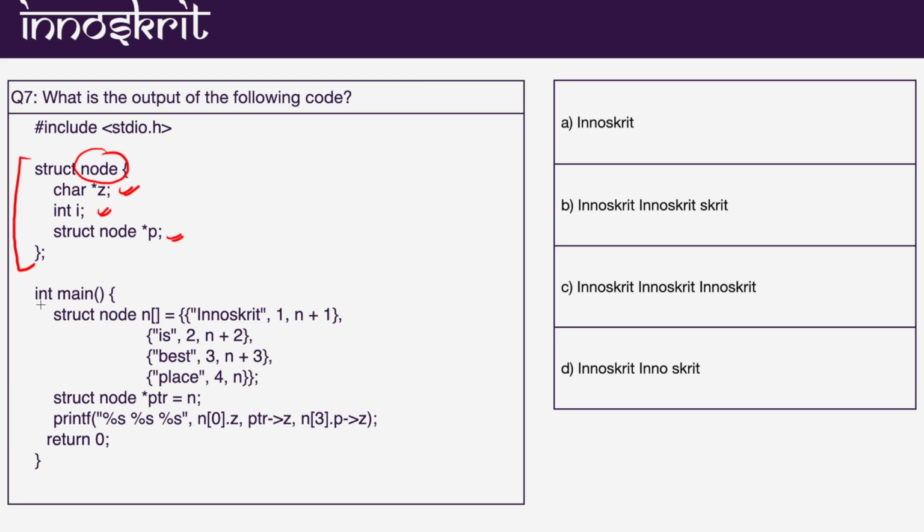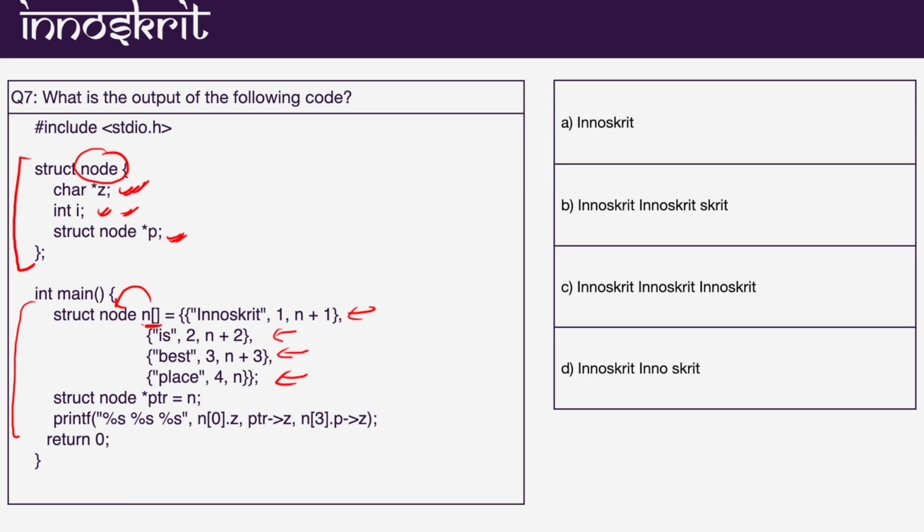Now coming to the main function. Main function has an array of type node. We have 4 entries inside the array, and each is holding a string, an integer value and an address to some other node.